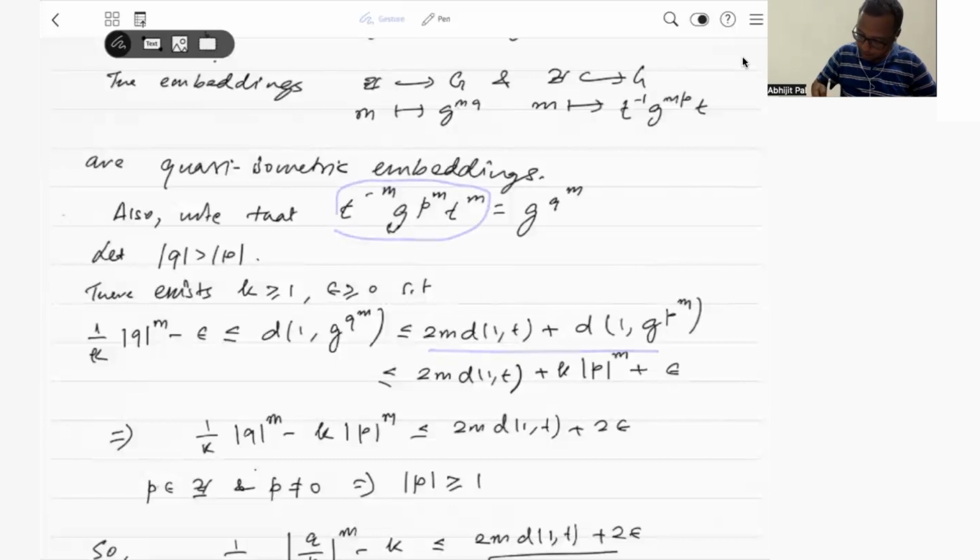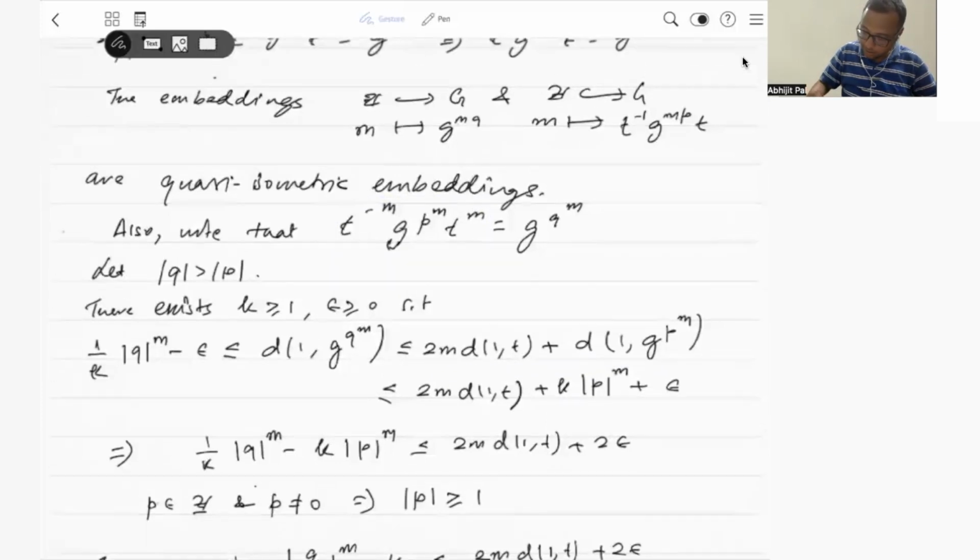And again, the distance between 1 and g^(p^m) is less than or equal to k times |p|^m plus epsilon. This follows again from the fact that the embedding from Z to G, m goes to g^(mp), is a quasi-isometric embedding. We can take it to be a k-epsilon quasi-isometric embedding.